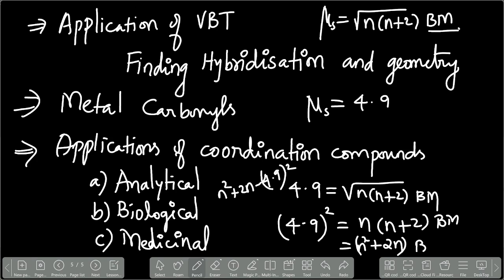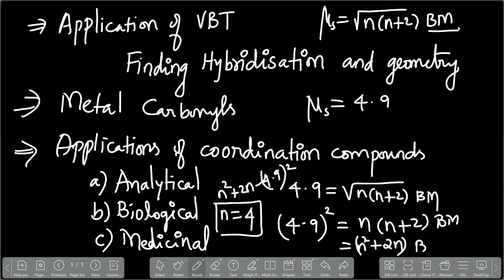No issues. The very next step, you can write the n value. Mu s value 4.9 means how many unpaired electrons? That's all. Directly you can write. You must write the steps. You need not chart out the equations and find the values and all, right? Write the quadratic equation, then write the answer. n is equal to 4.